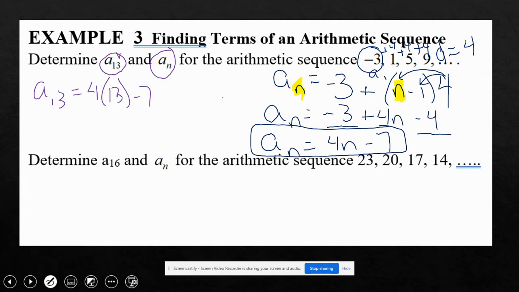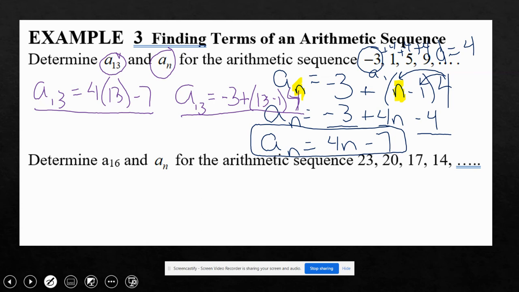You can also plug it into the original format: a sub 13 is equal to -3 plus 13 minus 1 times 4. I don't know where I got 7 from, I apologize. The one on the left is plugged into the formula that we just made.